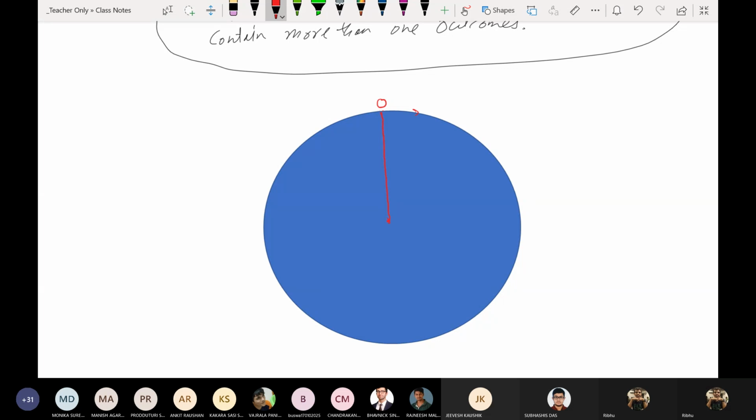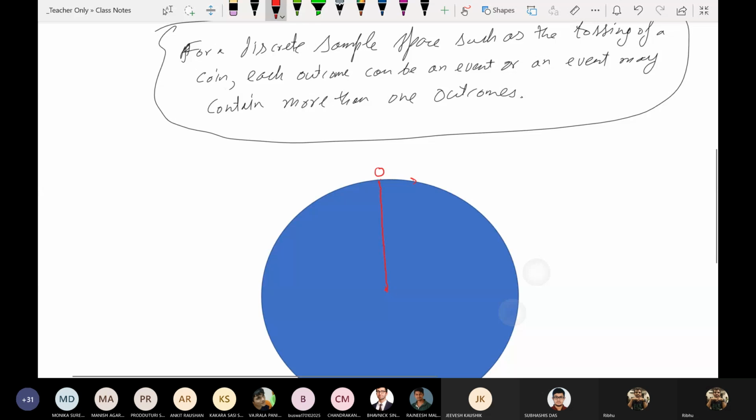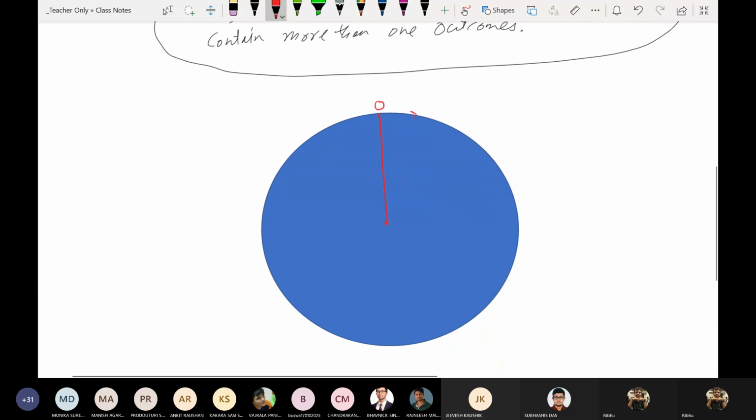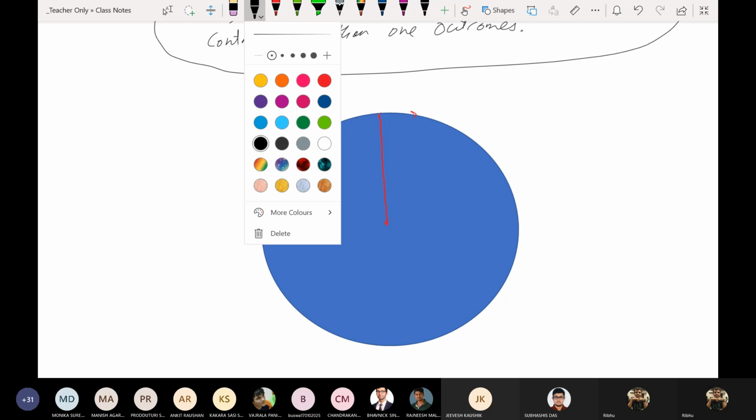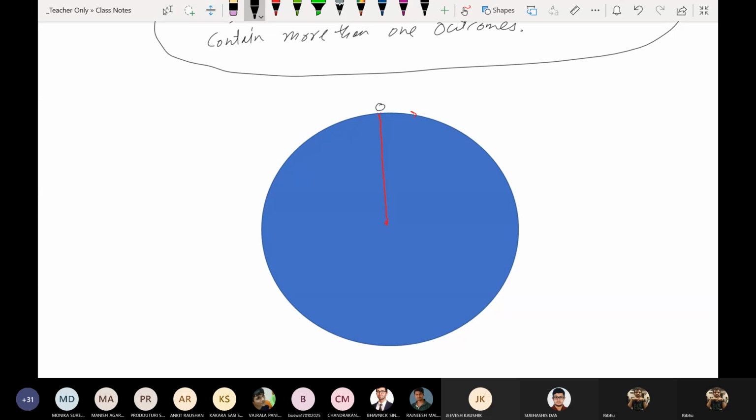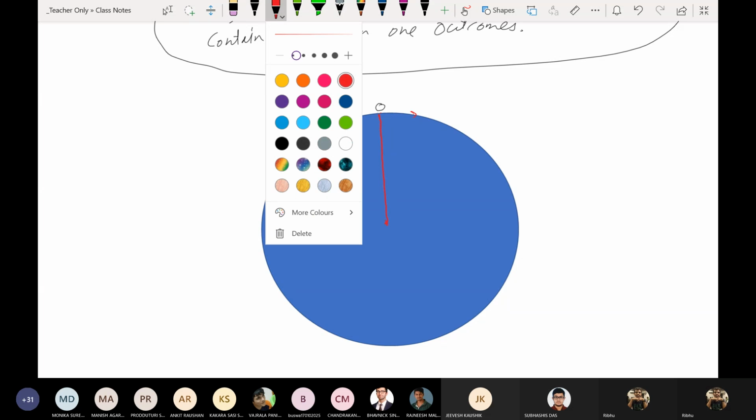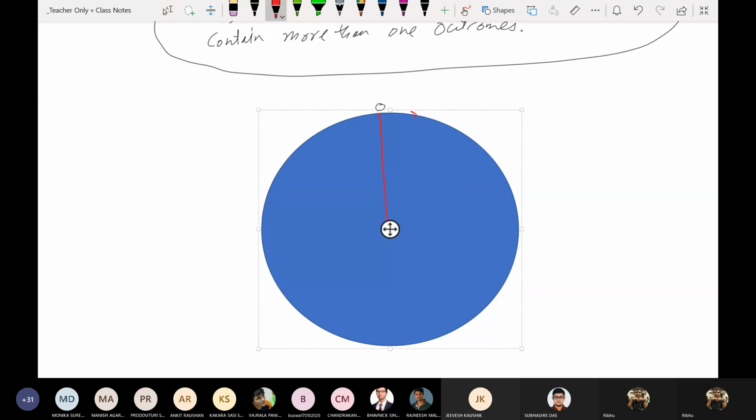I'll use black for marking out the outside. So this is 0, and you have a pointer arrowhead, and you can spin this arrowhead.